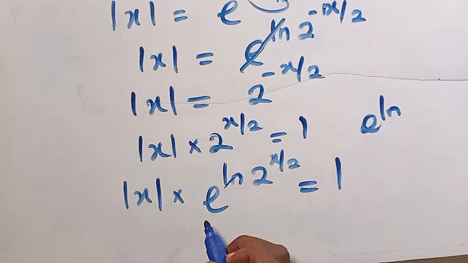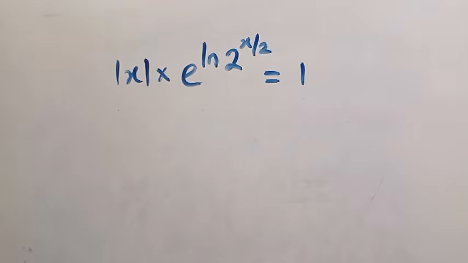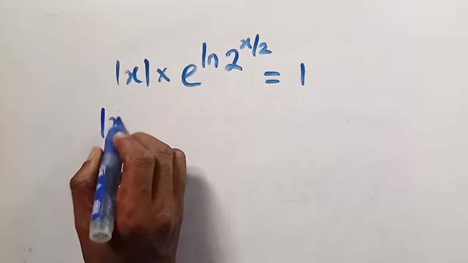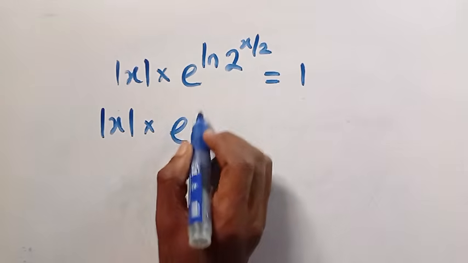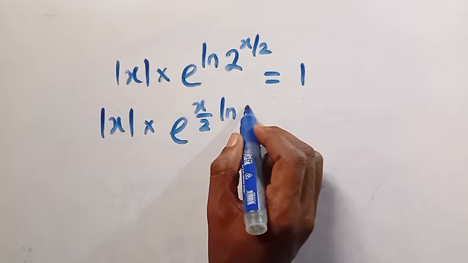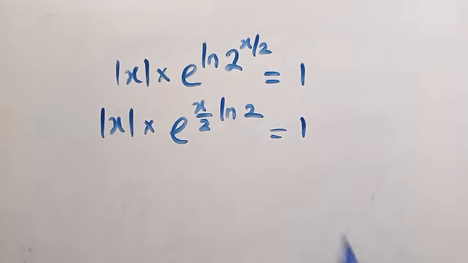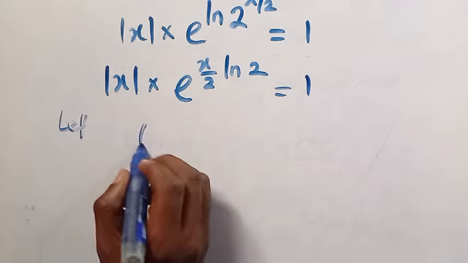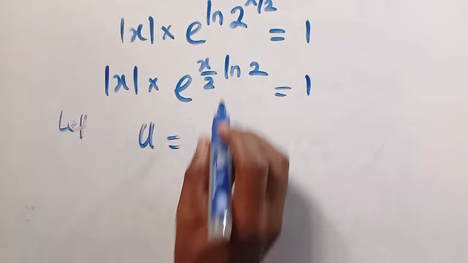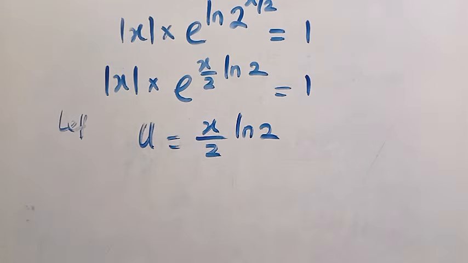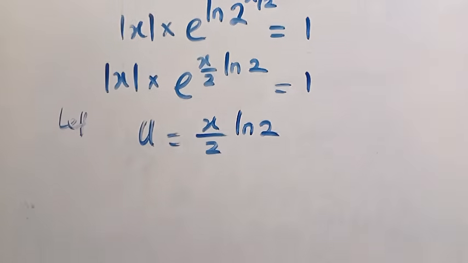Then let's take this x over 2 down, and we have |x| multiplied by e to the power of x over 2, then ln 2, equals 1. For simplicity, suppose I let u equal the whole of this power, that is x over 2 ln 2, then I want to make x the subject of the formula.